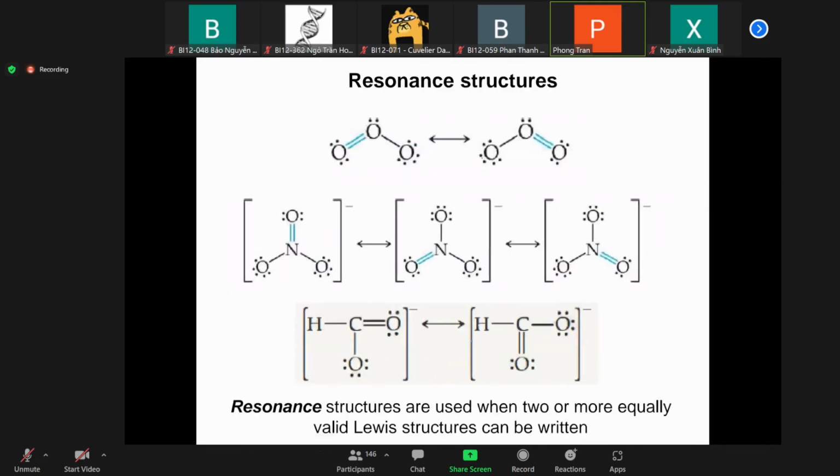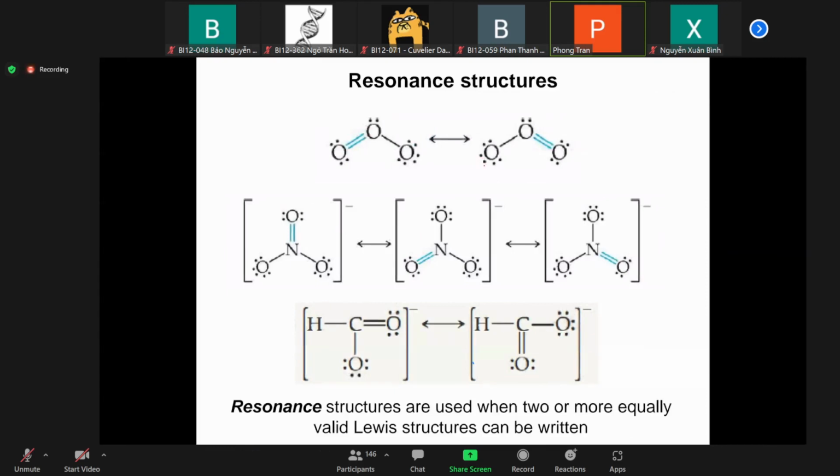Now, let's look at the Lewis structure of O3, ozone. We talk about the resonance structure. When you look at the structure of the ozone, O3, you will see that both structure 1 and structure 2 satisfy the Lewis structure.